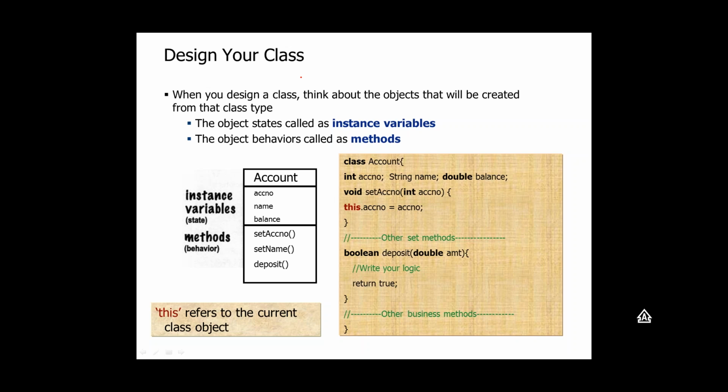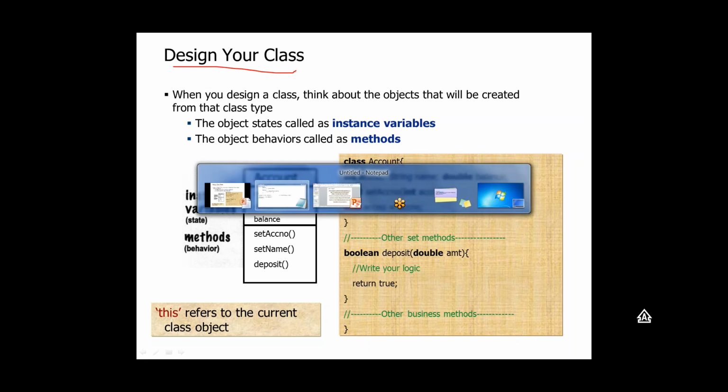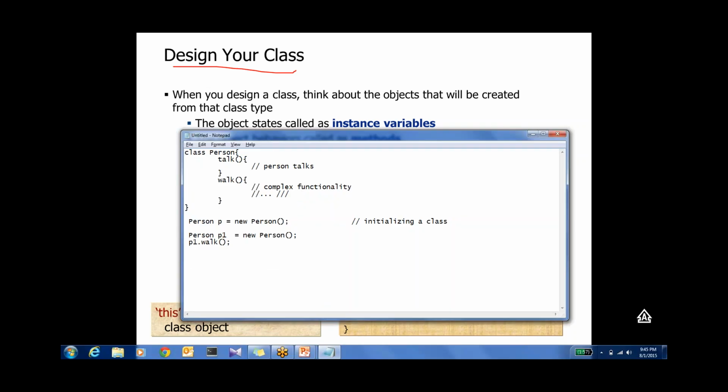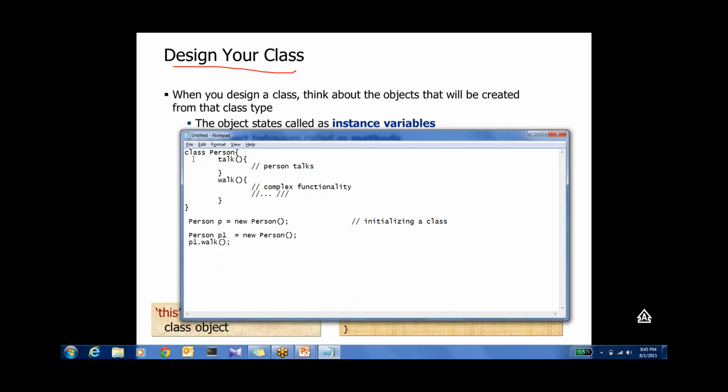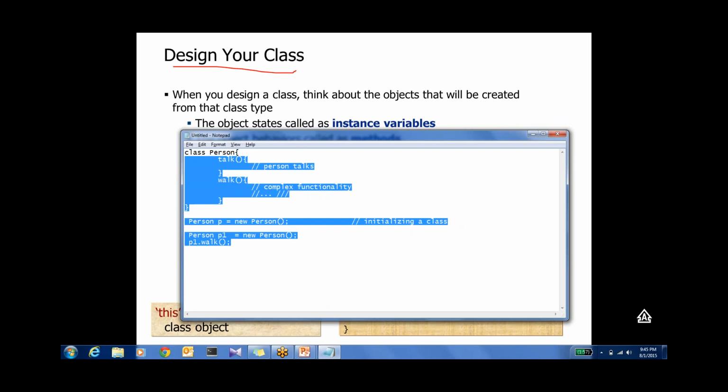As I said earlier, a class is a blueprint of your object, and it has minute details about what an object should be like. So here in our application, let's take this person class as an example and start writing this.